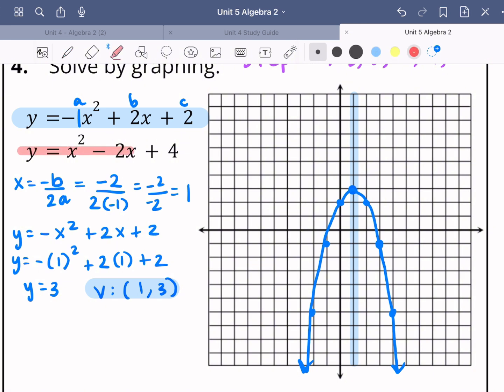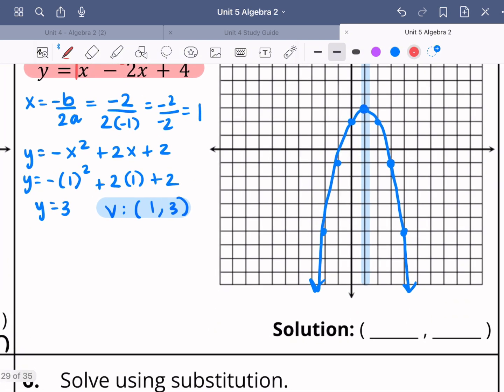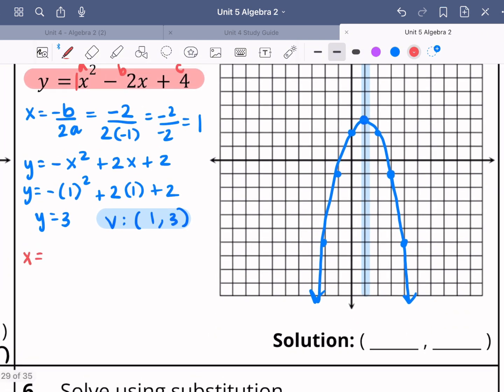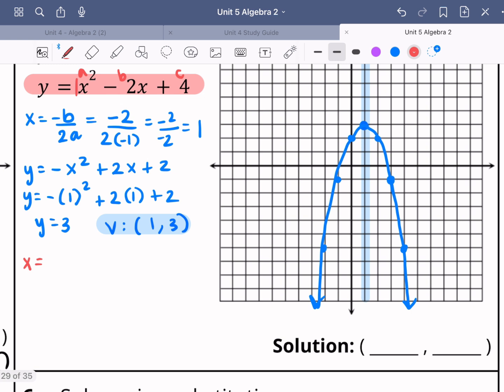For the other quadratic, we will follow this same process. This time, though, the a is positive, so our parabola will be facing up. But just like before, we have a, b, and c given. So my b is negative 2. So on top for my formula, instead of negative b, since b is already negative, we really end up with positive 2 on top.